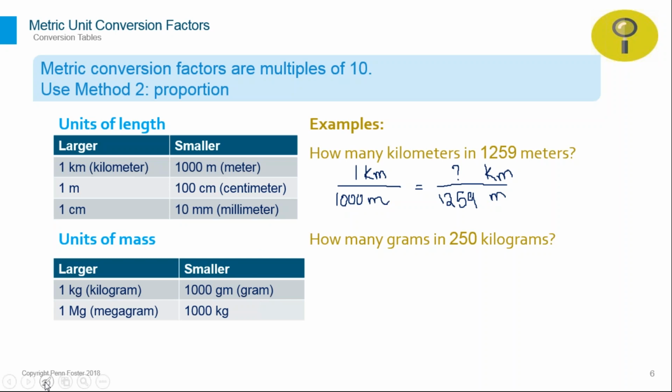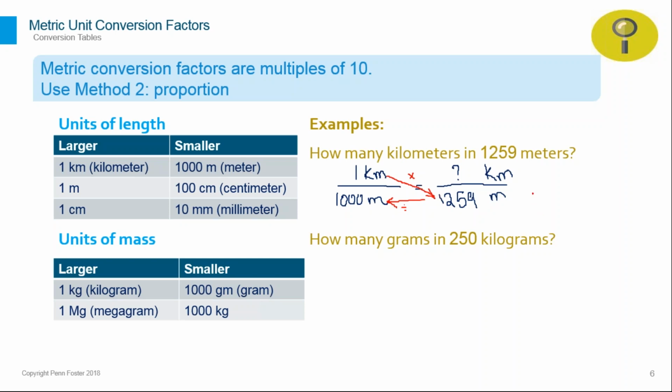If you remember, we solve proportion this way. We multiply the two known values and then divide over the remaining values. So multiply and divide. So your answer would be 1 times 1,259, which is going to be the same, 1,259 divided by 1,000.